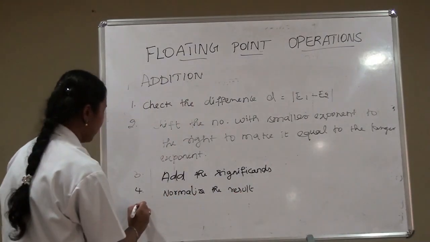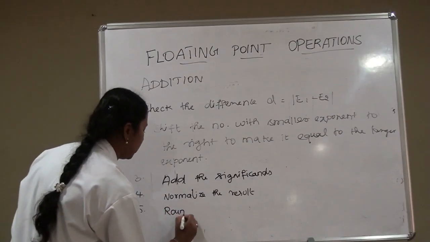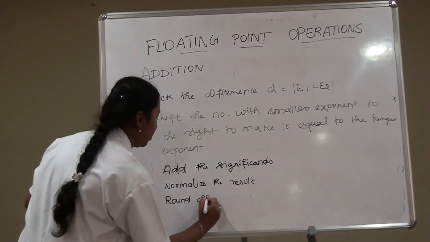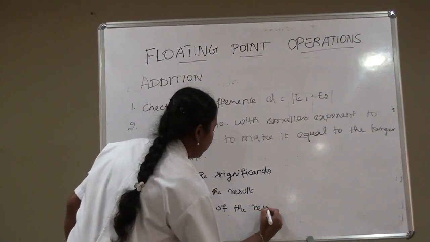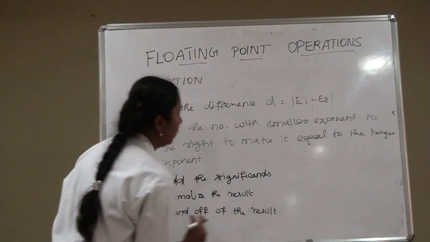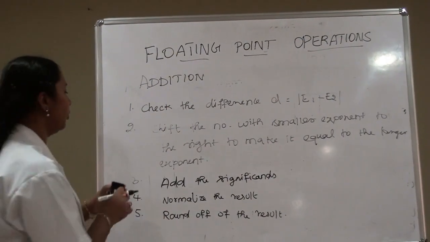Once the normalization is done, we are going to perform the round off operation, the round off of the result. With this we conclude our floating point addition. Now we are going to see this with the help of a problem.